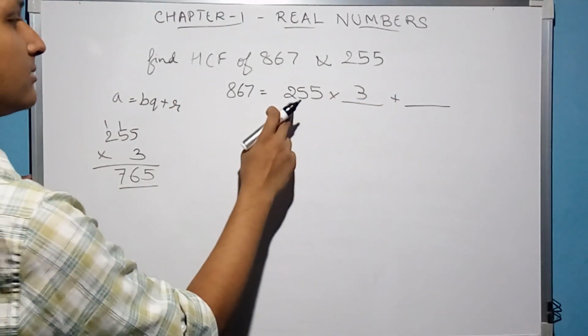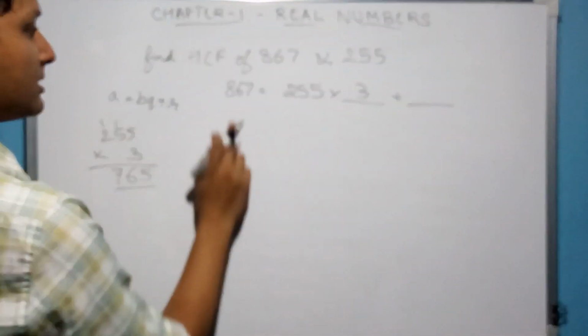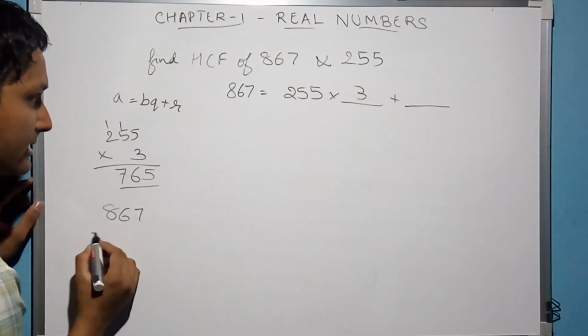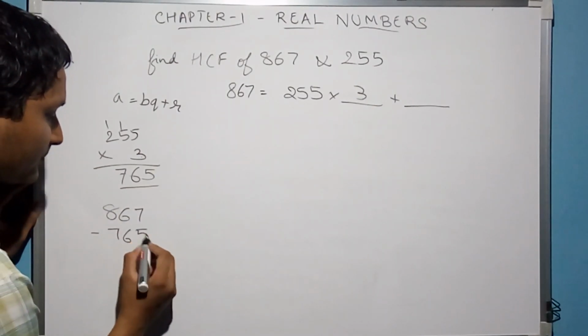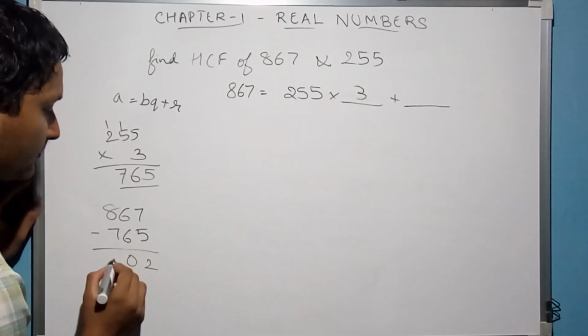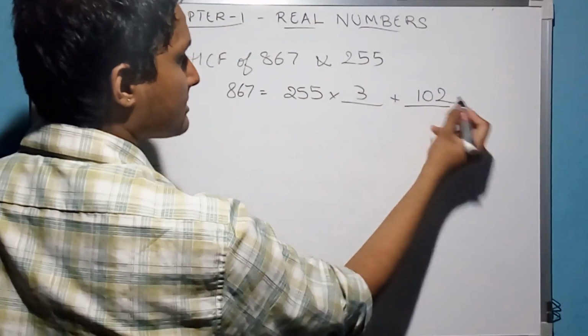So on multiplying 255 and 3, you get 765. What is remaining out of 867? 867 minus 765. 7 minus 5 is 2, 0, 1. So the remainder is 102 in this case.